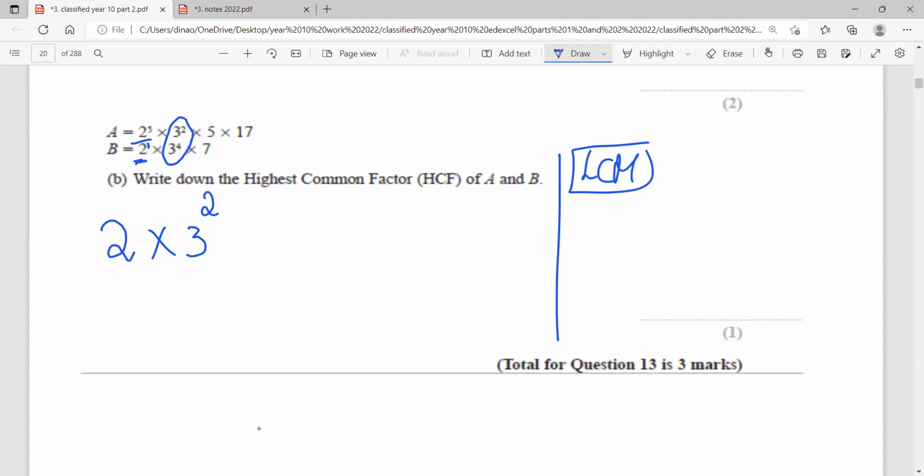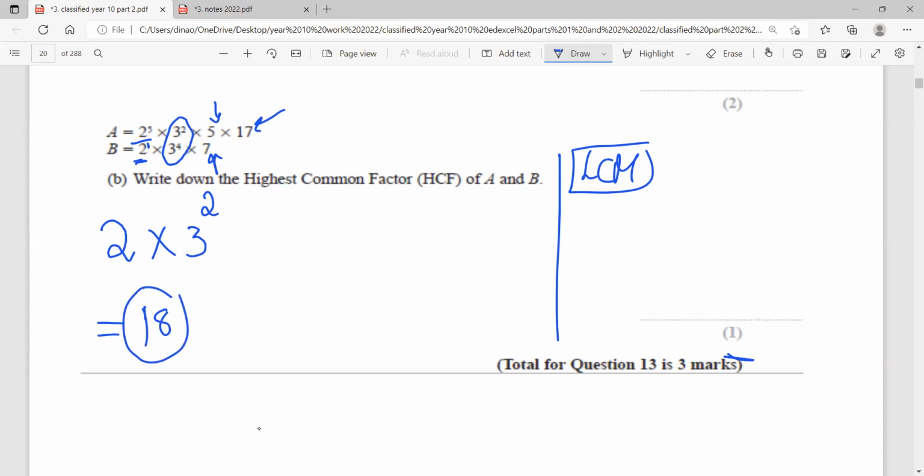Okay? Then let's check the rest. Is the 5 at the bottom? No, so I can't take it as a common factor. Is the 7 at the bottom or top? No, so I can't take it. Is the 17 at the bottom? No. So this is your HCF, that's it. Of course, as you can see, it has powers, so I have to find it as a value: 3 power 2 which is 9, 9 times 2 which is 18. That's the HCF directly.